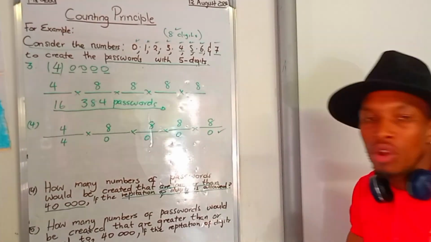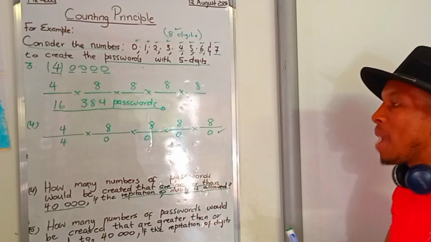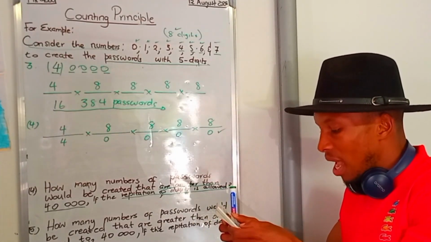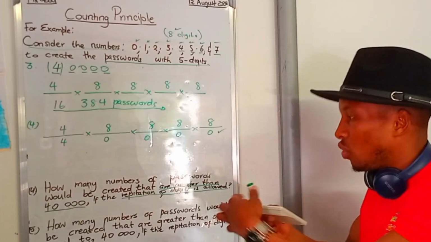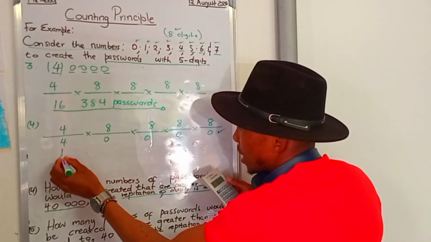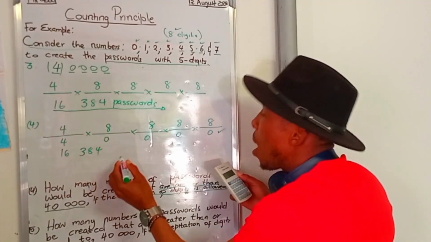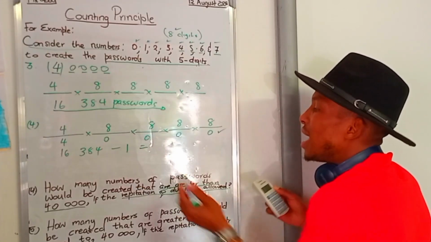Therefore, that's why we normally say that if it is greater than, we are going to minus 1 on the event. 4 times 8 times 8 times 8 times 8 equals 16,384 minus 1 code.